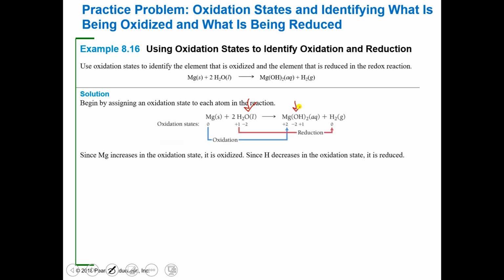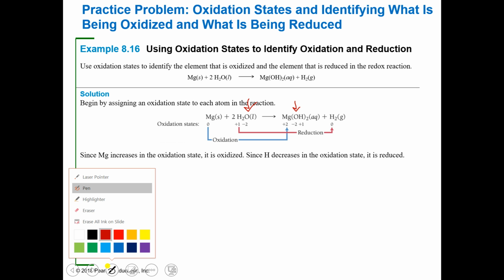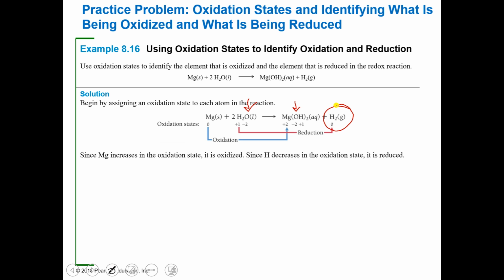So the question is, how do we figure out what is actually changing? If we already had a loss of electrons, where do we have the gain of electrons? If there was a loss of electrons from one thing, those electrons must have been gained by something else. That's when we have to look at the other product, the hydrogen gas.